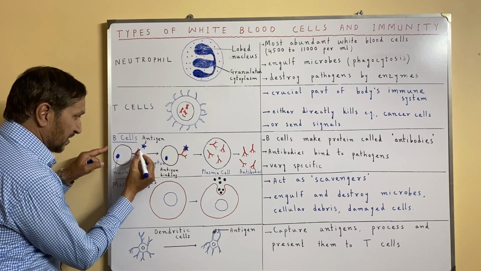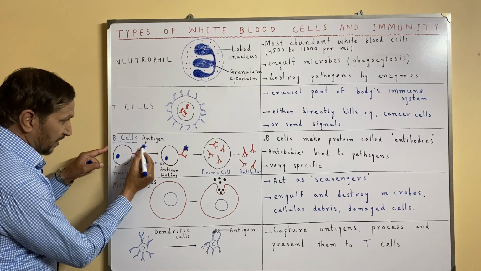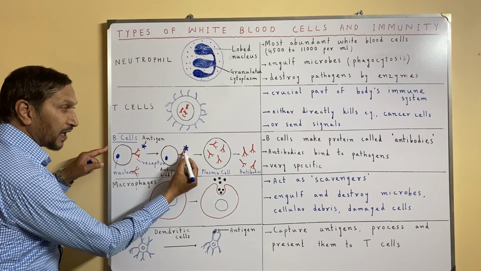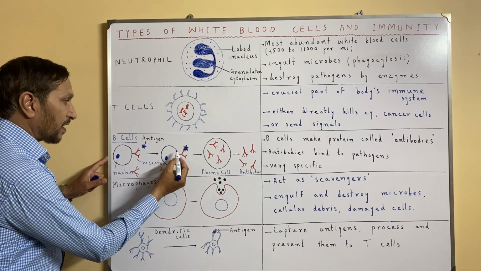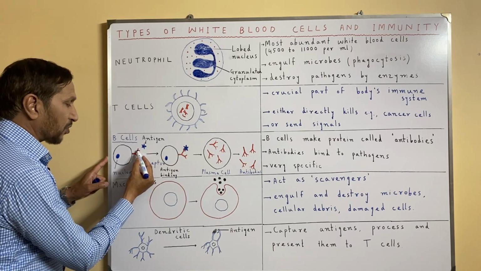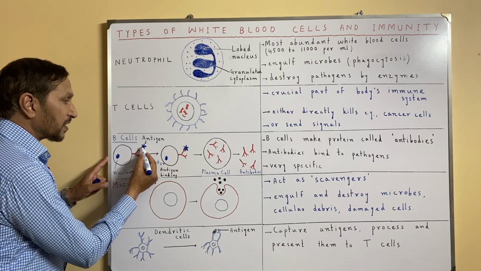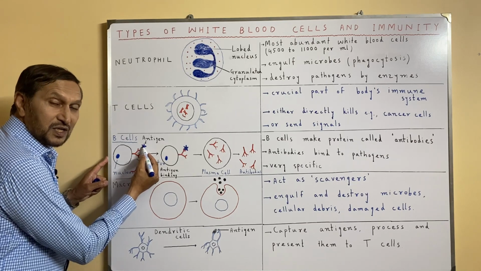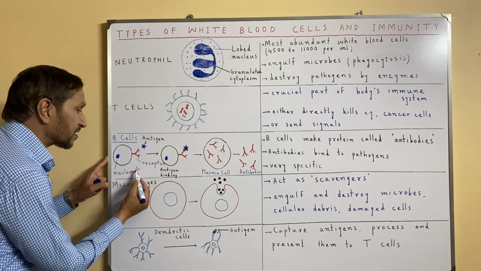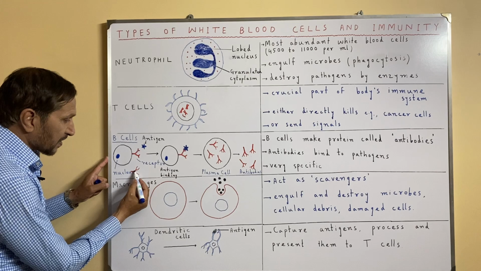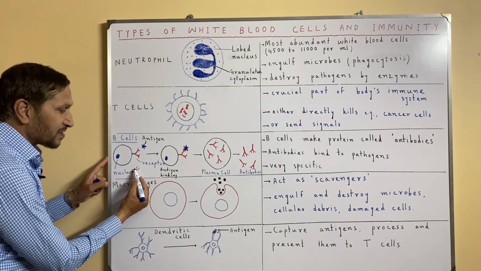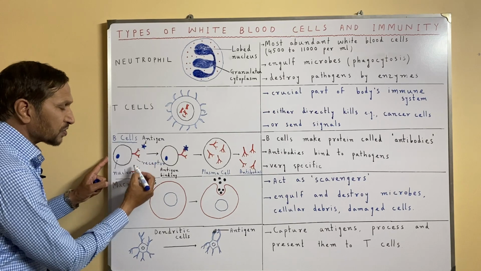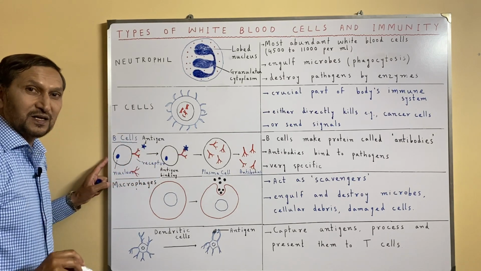You can see that this shape and this star shape can bind with each other. This shape of the antibody is particular to this antigen only, not this one. If the receptor is of this U shape, it is not suitable to control this antigen.